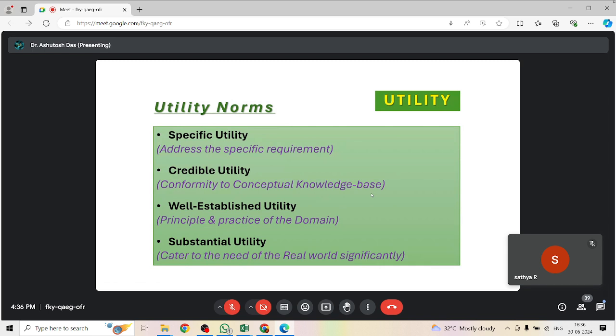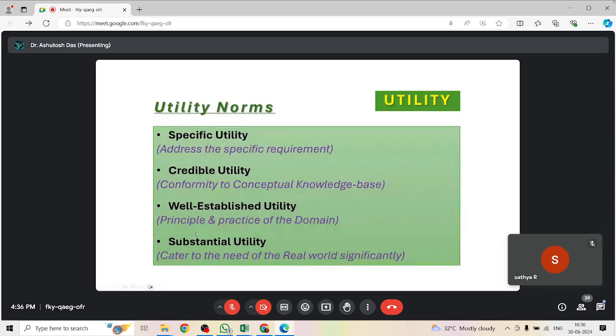We discussed that: one of them is principles which are not possible. This is similar to that. If it is not possible according to the knowledge base, they say that credibility is not there. Specific utility may be stated, but they will not accept it because experimental support is not there.